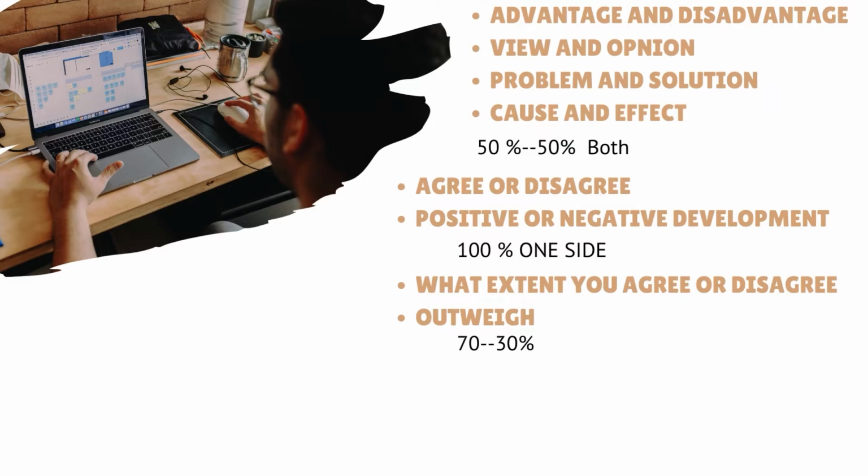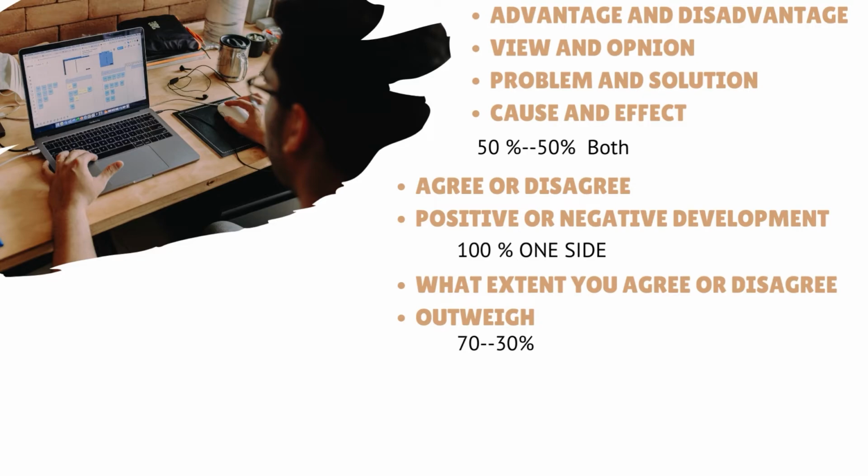In the case of advantage and disadvantage, view and opinion, problem and solution, and causes and effects, we have to write 50-50% about both the things. And if we talk about agree or disagree and positive or negative development, we have to write 100% on each side. And on to what extent do you agree or disagree, and on outweigh topics, we have to write in the proportion 70-30.